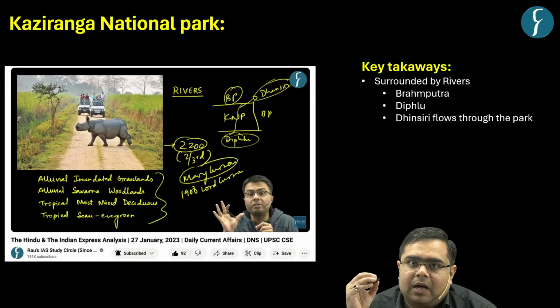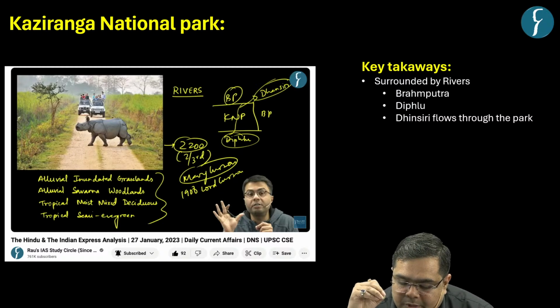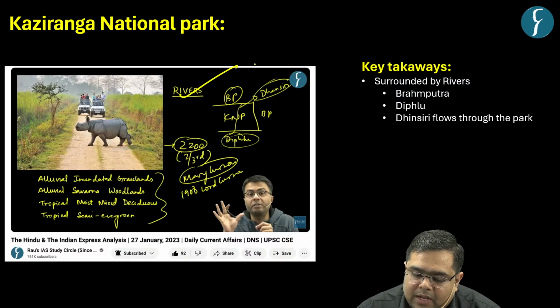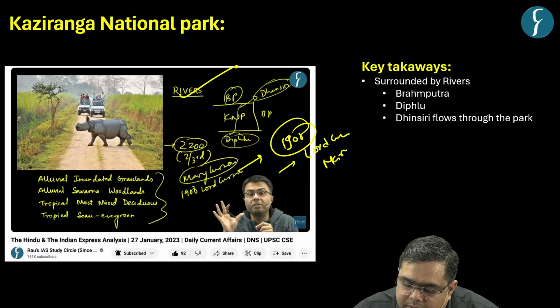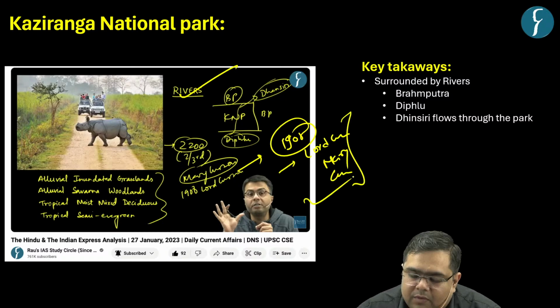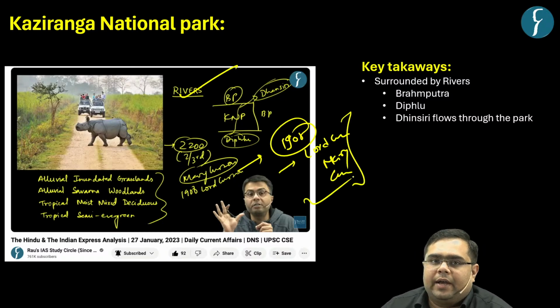So as per our discussion in the parent video, the brief summary was that Kaziranga National Park is located in which state? It is located in Assam, and its genesis lies in 1908 when the wife of Lord Curzon, Mary Curzon, was the one who was behind the idea of this national park.